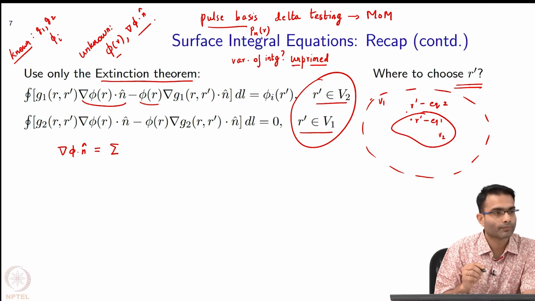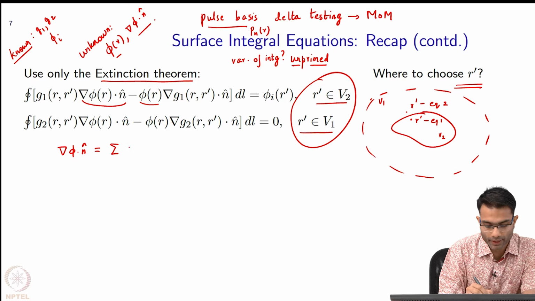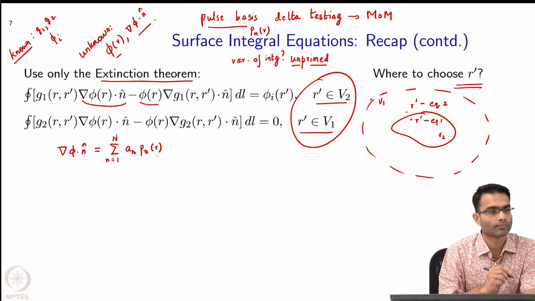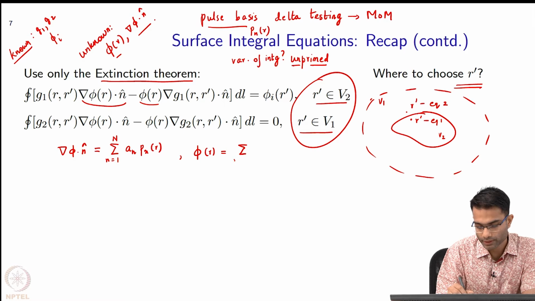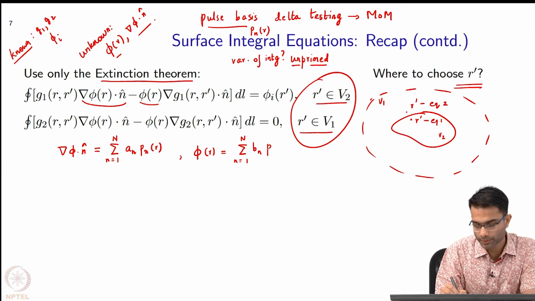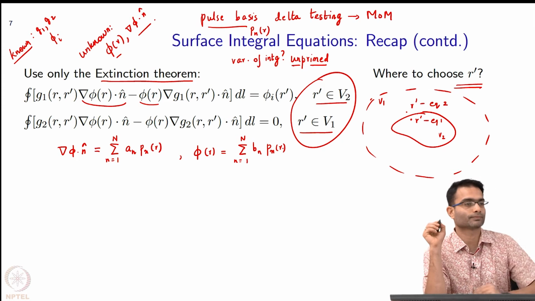So I can write the coefficient as a n P n of r, n equal to 1 to N. Similarly, for the other variable phi of r, I can write the sum from n equal to 1 to N of some new variable b n times the same basis function P n.